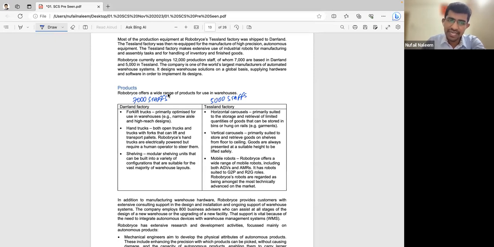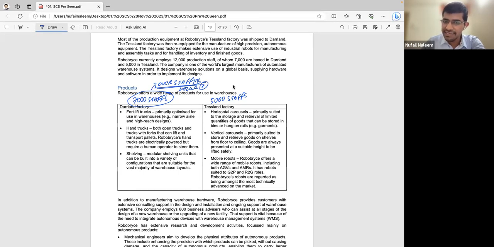So in this case, we can understand we are currently having a problem with overstaffing in Dahlan. A good thing is the staff are paid a very low salary. I agree, they're not paid a very high salary, but the question we have to ask in this case is whether they are adding value to the organization.